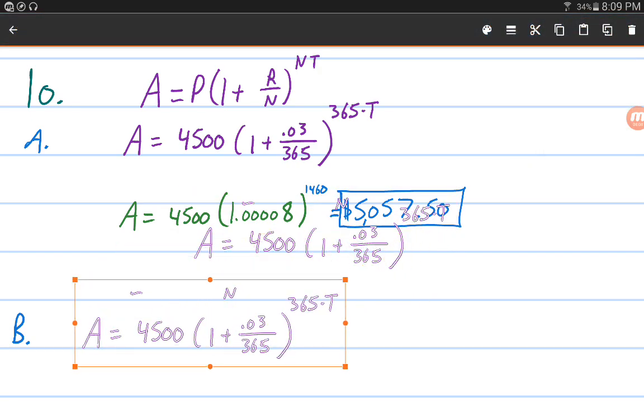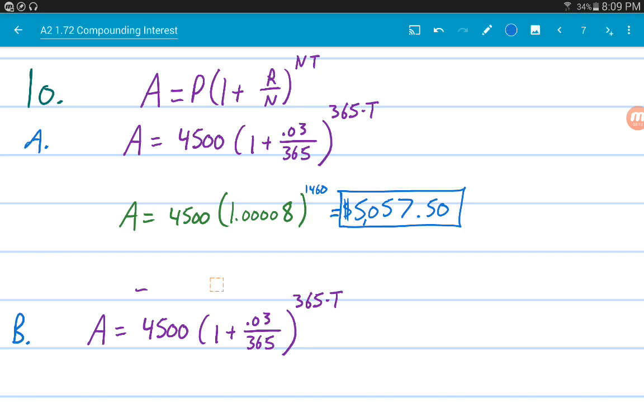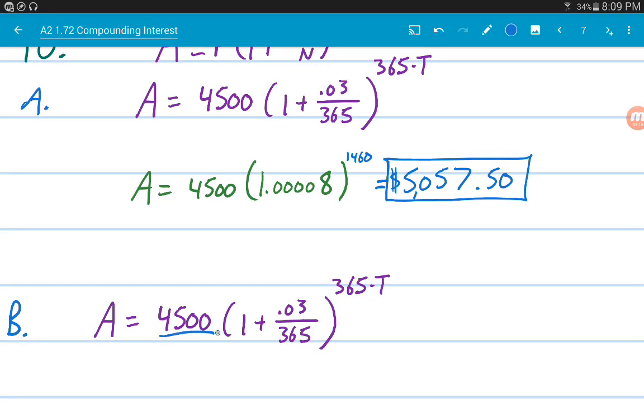So for part B, I'll start off with the same equation because the context hasn't changed. The context is still the same. She's still investing $4,500. She's still got 3% interest. And it's still being compounded daily.